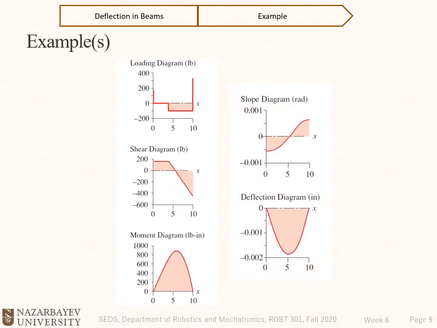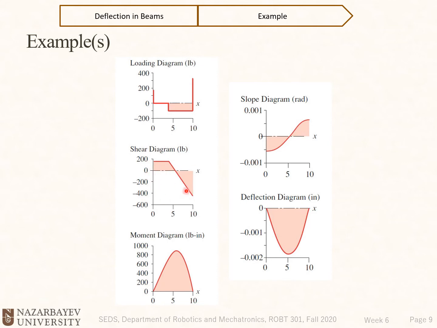Okay, so there are two approaches. One approach is to use a graphical method, where we need to find the loading diagram, or q. Then we need to take the integral of q to find the shear diagram.